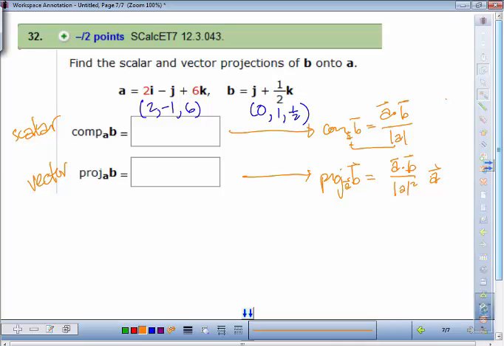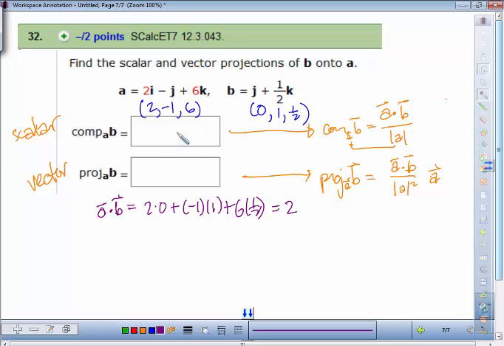All right, we need a couple of things. We need the dot product. A dot B is 2 times 0 plus -1 times 1 plus 6 times a half. So that's 3 minus 1 is 2.